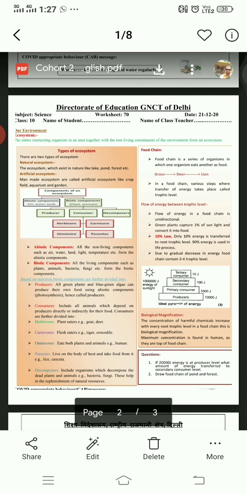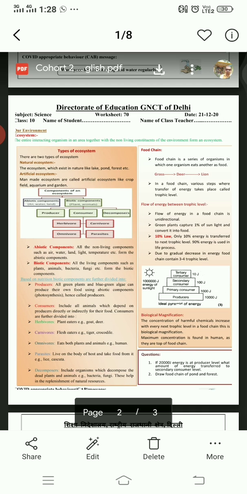So this is the pyramid of energy where producers are producing 10,000 joules. Then when it is transferred to the primary consumer, only 1000 joules is transferred. When it is transferred to the secondary consumer, only 100 joules is transferred. And when it goes to the tertiary consumer, only 10 joules is transferred.